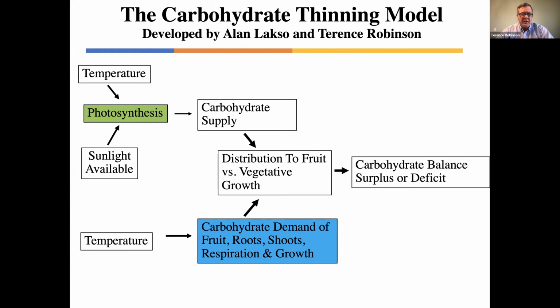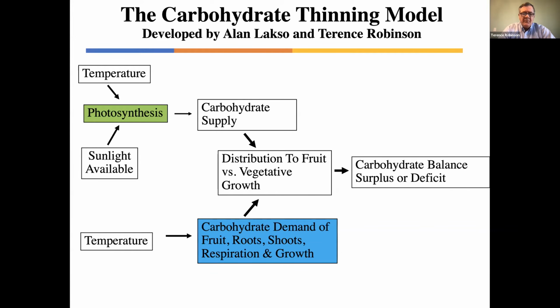So when we think about the impacts of sunlight and temperature on what's going to happen with thinning, we're primarily thinking about how much carbon is going to be available to support fruit growth. The other side of the equation is really the uses of that carbohydrate, and that's dependent mostly on temperature.